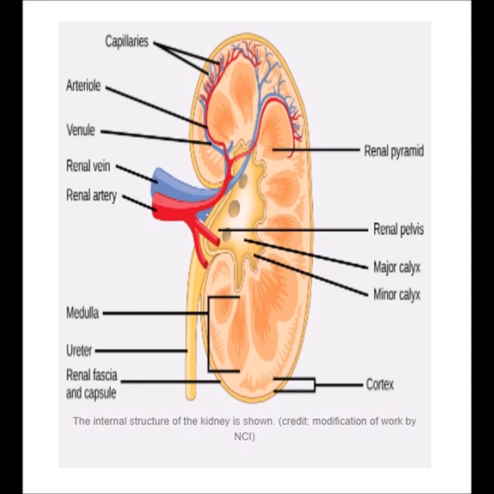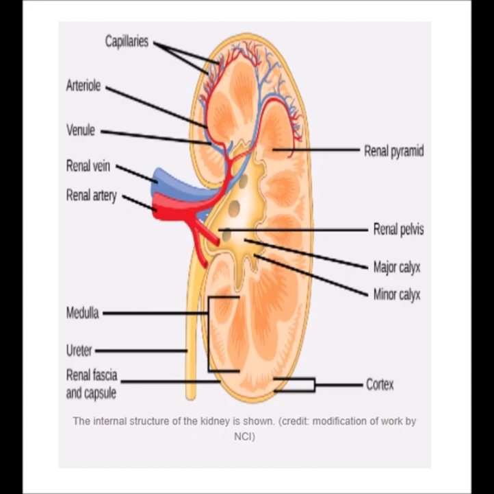Another diagram showing the internal structure of the kidney is shown here, showing the capillaries, the arteriole, the venule, the renal vein, and the renal vein is bluish again, and the renal artery, the medulla is shown, and then the ureter, and then the renal capsule are also shown.